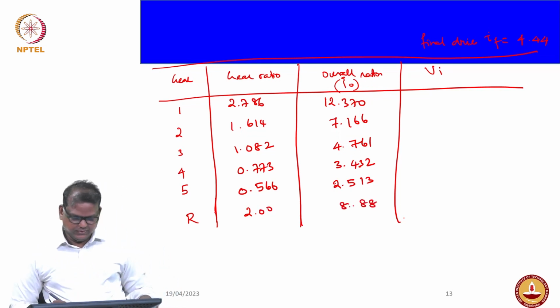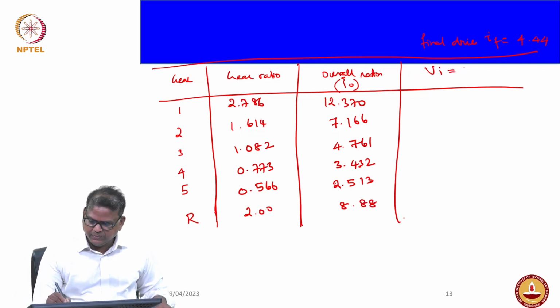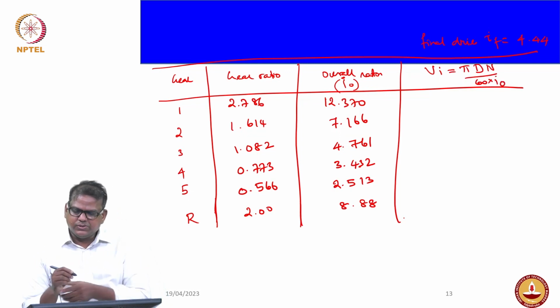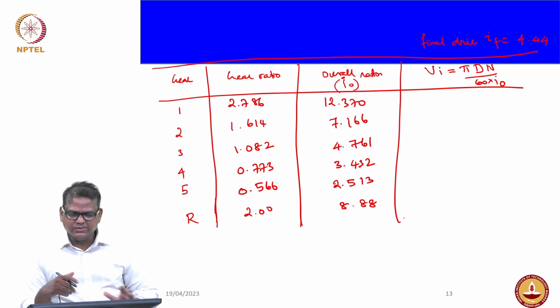Now finally we need to find out the vehicle velocity, which is nothing but pi d n by 60, right, into IO, the overall ratio. Question: what is the n value here? Are you going to use the engine speed? Right, that's what we did, we are using the engine speed.